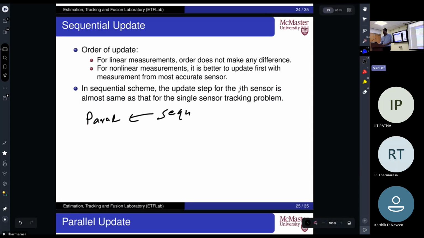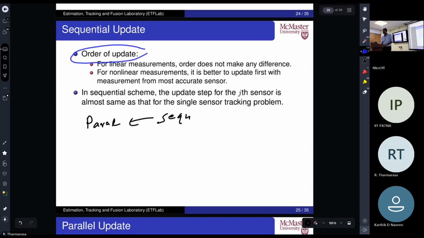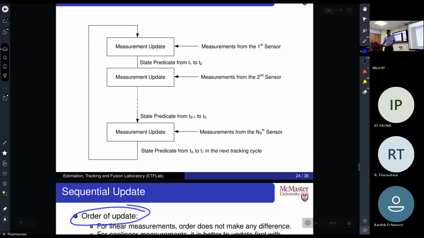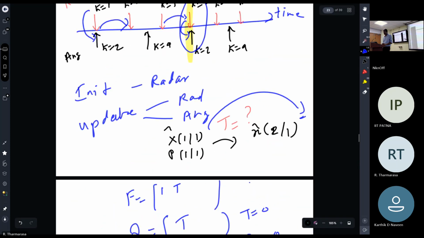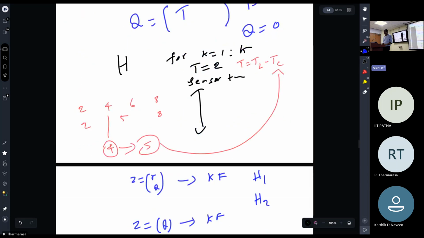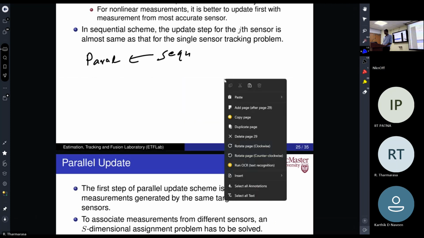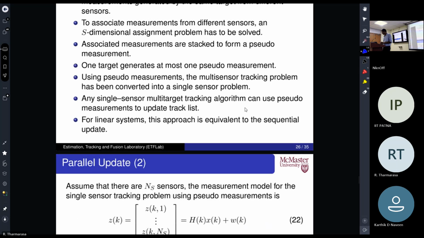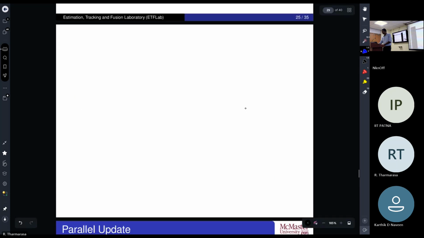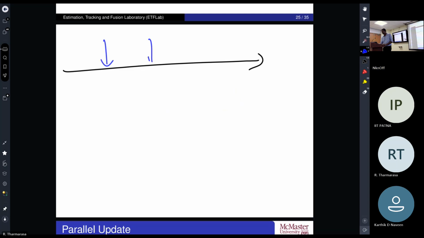Let's say we want to use sequential update. Which order to use? Let's say this is the time axis, and this is radar, this is angle, this is radar and angle.